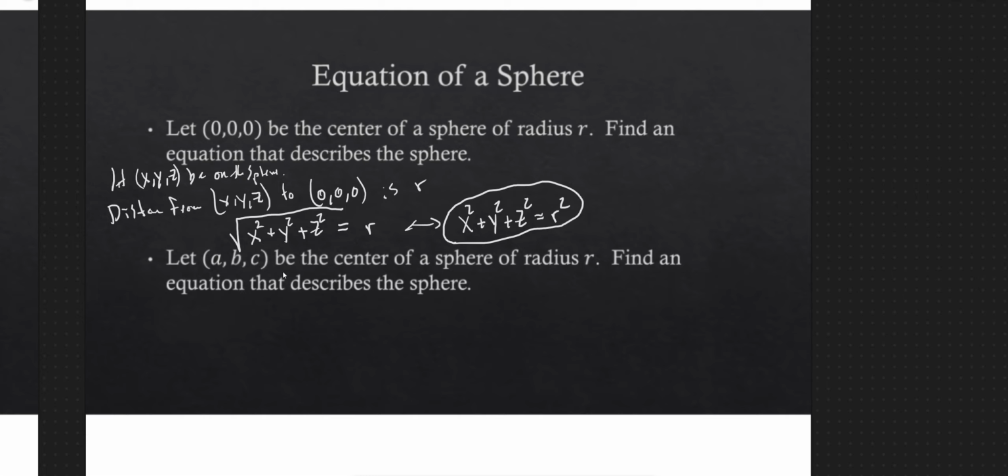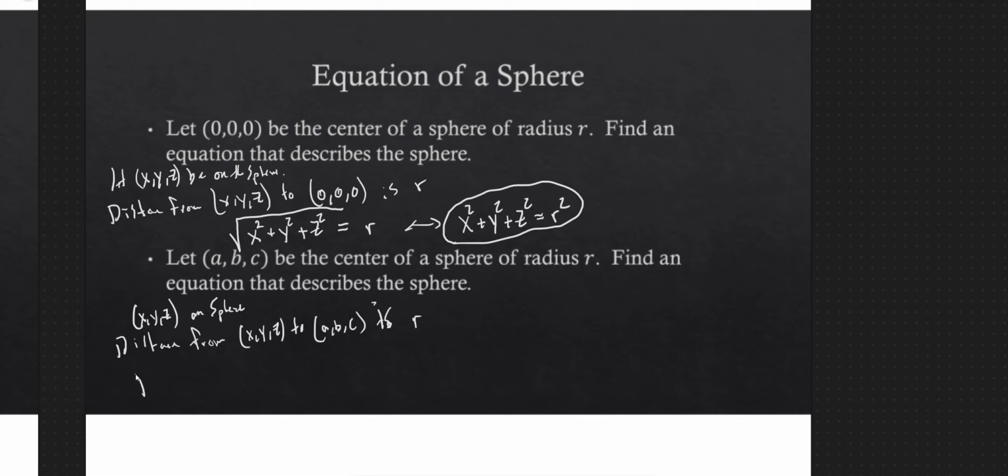What if we want to be centered somewhere else? Well, again, we're going to go to the distance in 3 dimensions. Given an arbitrary point x, y, z on the sphere, we want the distance from that arbitrary point to the point a, b, c to be r.